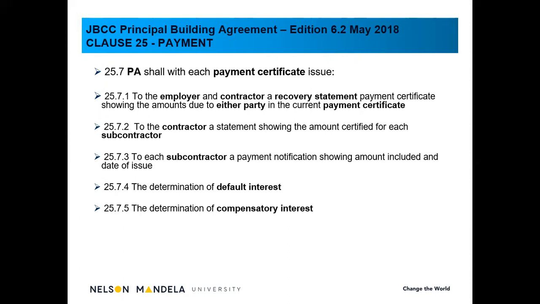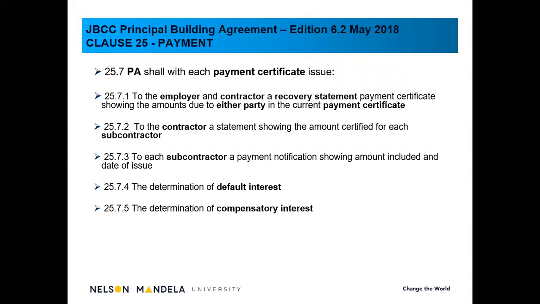Now, there is a definition. If you go to the JBCC, the first few pages, you'll see under definitions, clause 1, you'll read up the definition for default interest. However, when we're going to do the actual calculations for payment certificates, we will come back to a more in detail discussion of default interest.